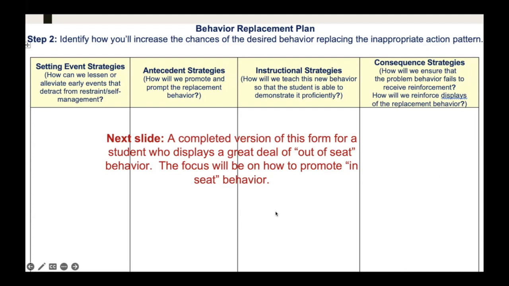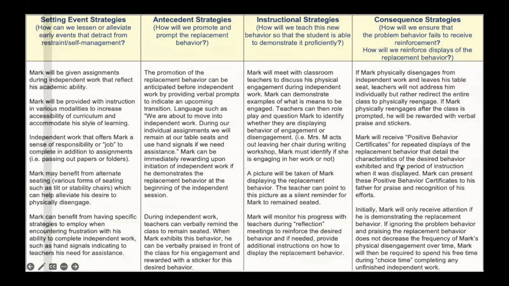Here's an example that you will see in one of the exemplars. Mark tends to refuse assignments, if I'm remembering. Yep. And we'll just make sure that he's given assignments during independent work that reflect his academic ability. So the student will know that he or she will receive something on his or her or their level.